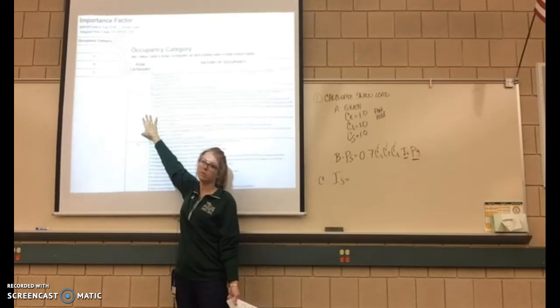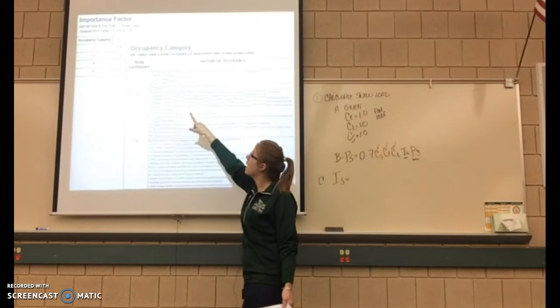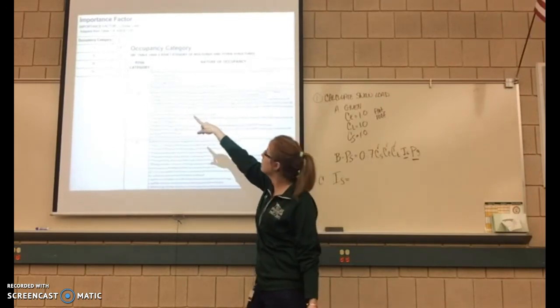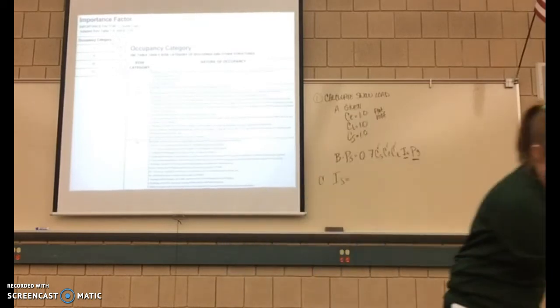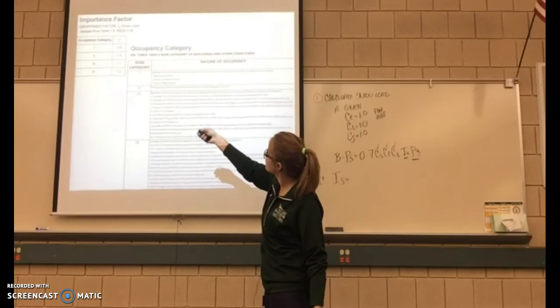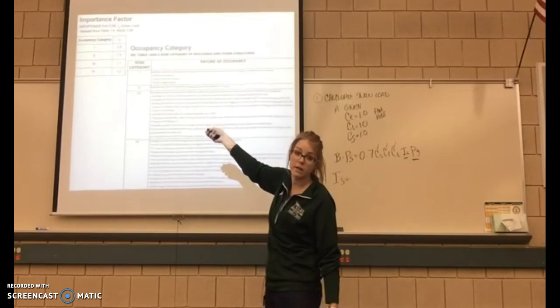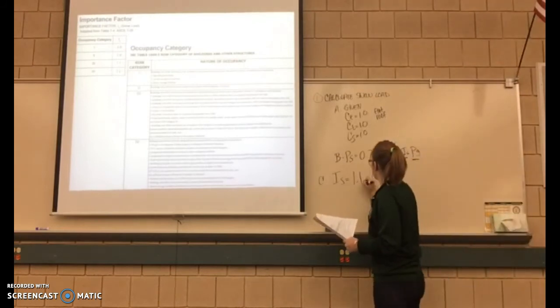Once I know I'm category 3, I can go up to my importance factor table, go to category 3, and the IS is 1.1. So what I'm expecting you to note is 1.1.